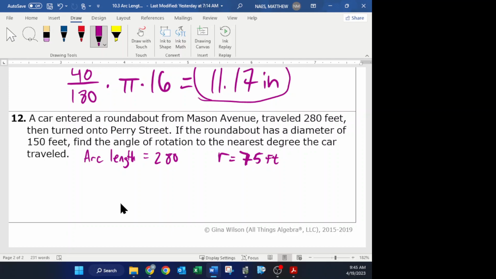So they want to use the formula x over 180 times pi times r equals the arc length to solve for x, because that's the value we don't have. So x over 180 times pi times 75 is equal to 280.